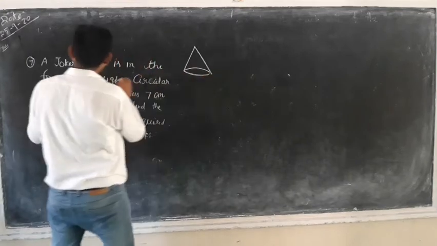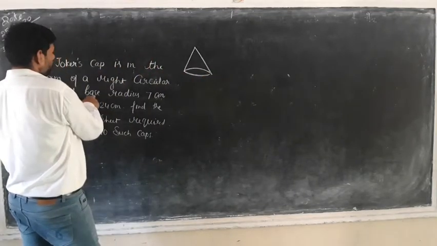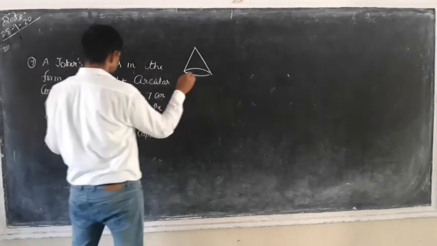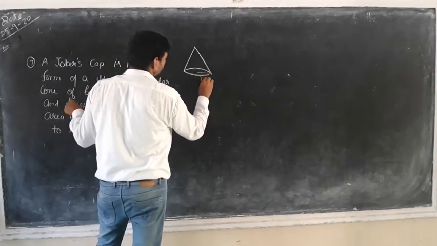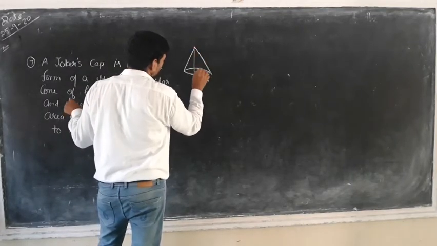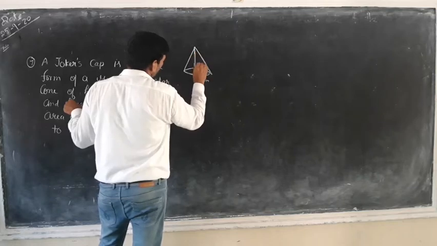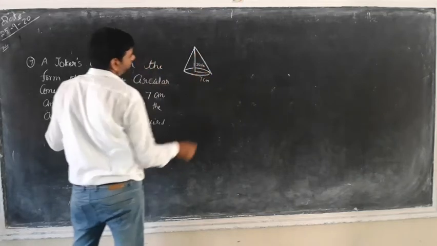The given is a right circular cone of base radius 7 centimeter and height 24 centimeter. First we find the slant height.